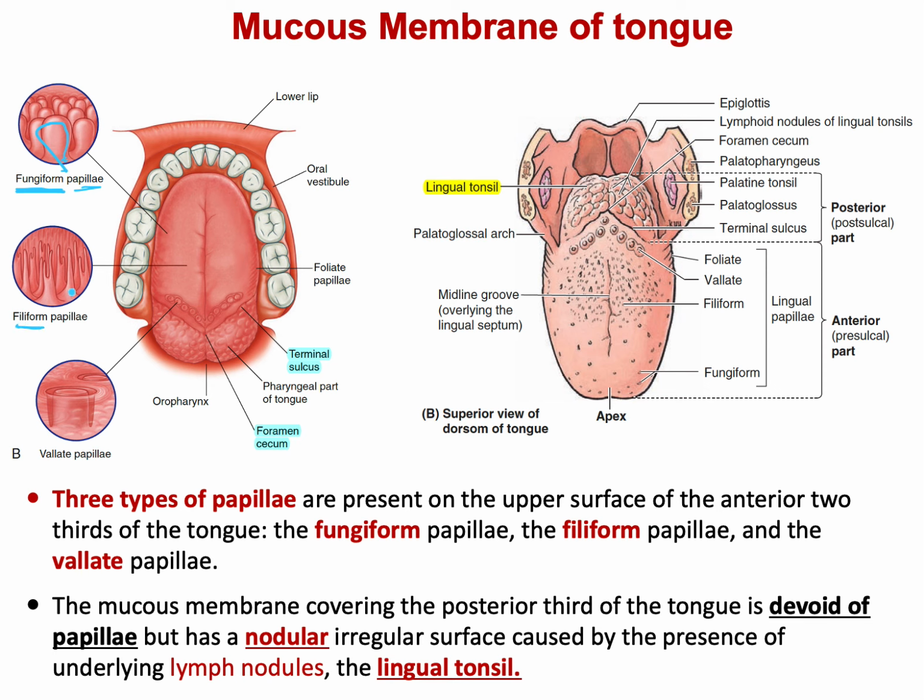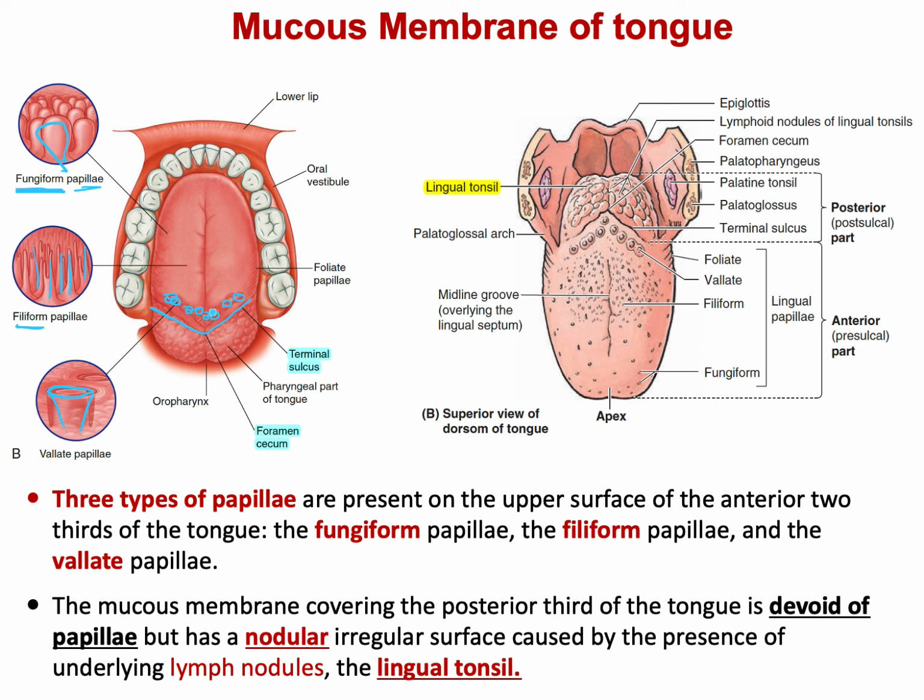Fili means like threads, right? They are distributed across the anterior part of the tongue, anterior to the terminal sulcus. Just anterior to the terminal sulcus there are about 8 to 12 vallate papillae, which are broad, as you see here, with a constricted base.